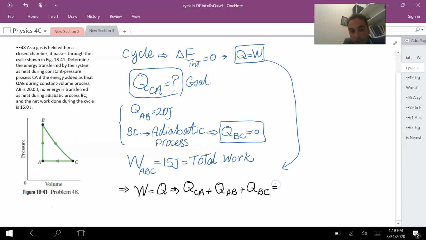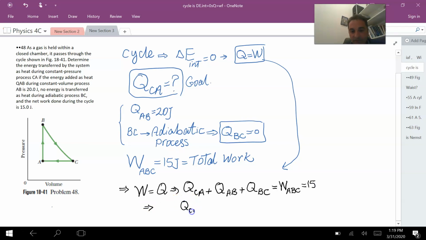This is all work done in the system. It's total work from A, B, C. Correct? Which is equal to what? 15.